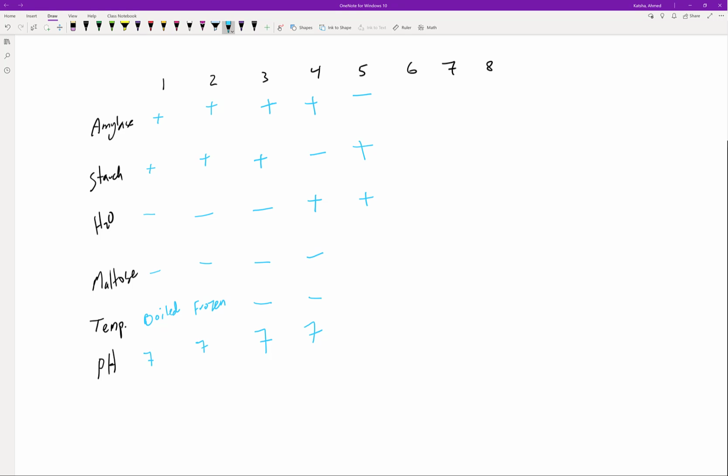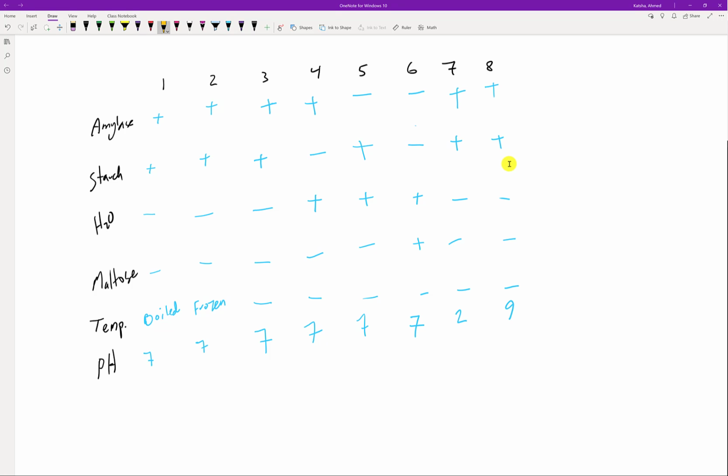It got water instead of the amylase, no maltose, no treatment, and pH is 7. Tube 6 has no amylase and no starch. It got water and maltose, no temperature treatment, and a pH of 7. Tube number 7 has amylase, starch, no water, no maltose, no temperature treatment, but the pH was 2. And tube 8 is like 7, with amylase, starch, no water, no maltose, no temperature treatment, but the pH was a little bit alkaline. So that was the experiment.